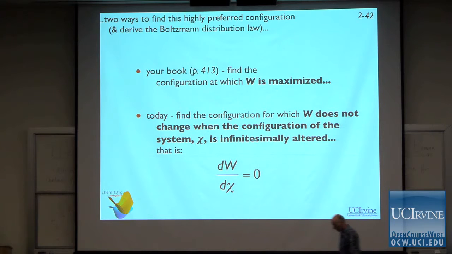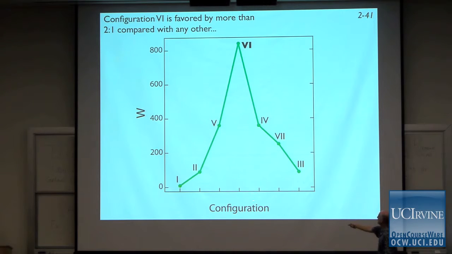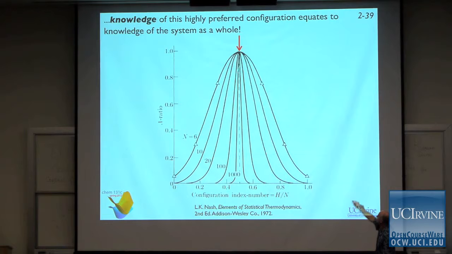All right. Now, your book derives the Boltzmann distribution law by finding the maximum W. Right now, I think you can see that at the maximum W, by golly, that's the one we want. That's the preferred configuration right there.